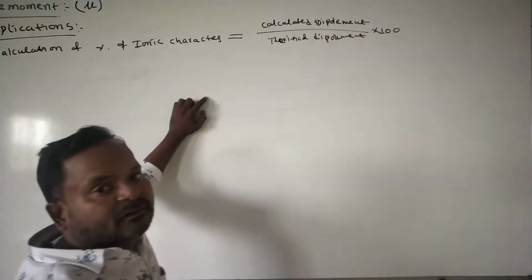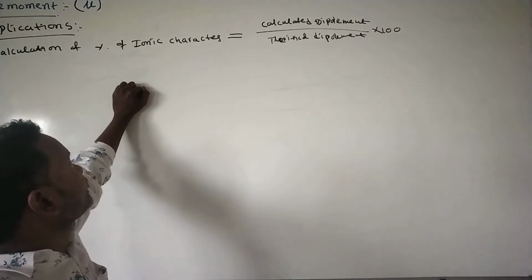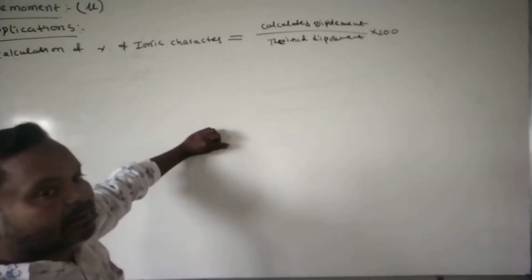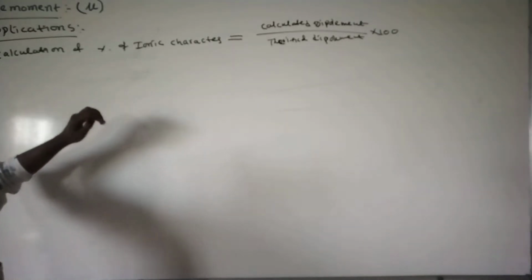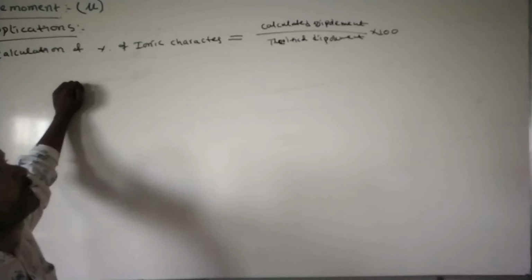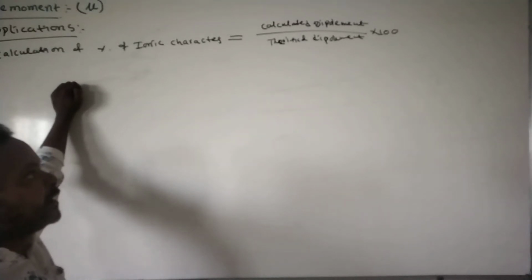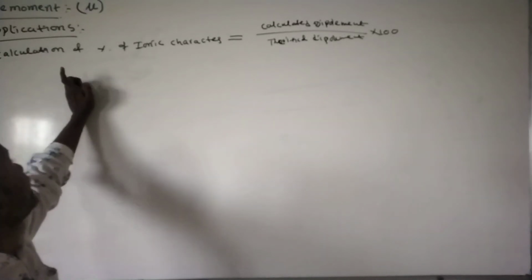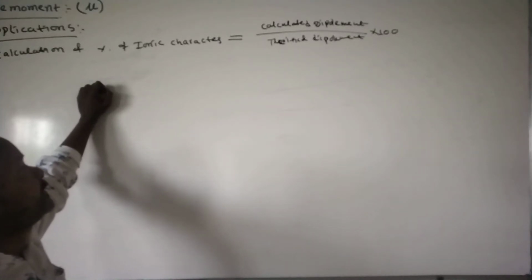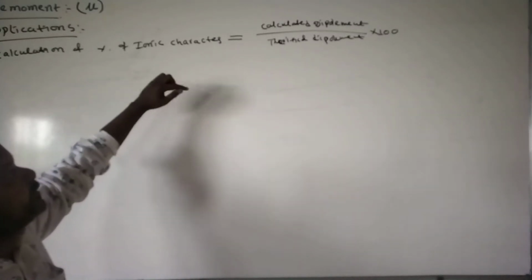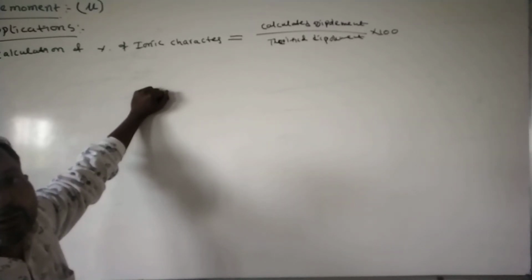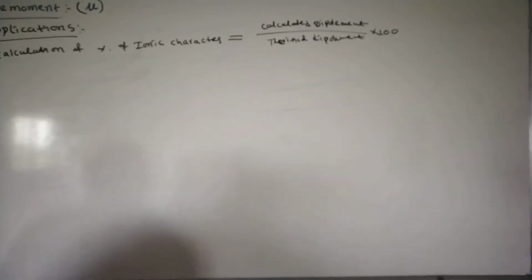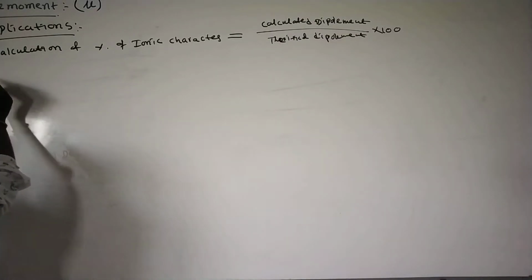By using this principle, we calculate percentage of ionic character, using the calculated dipole moment value and theoretical dipole moment value. Always the theoretical dipole moment value is more than the calculated dipole moment value. This is the first application.